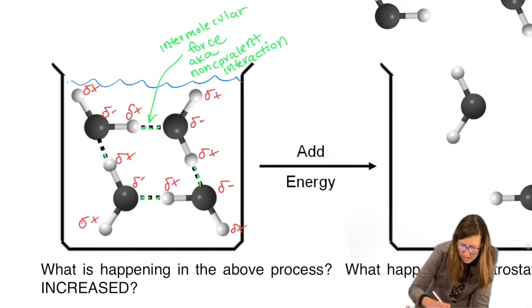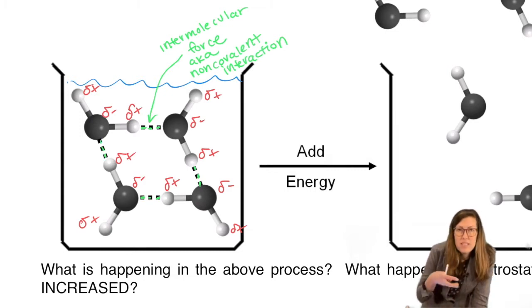And they intentionally line up and make this lattice, this sort of superstructure, based on optimizing these interactions, right? However, when we add heat, which adds kinetic energy and the molecules start vibrating and moving, it disrupts these interactions and they separate.